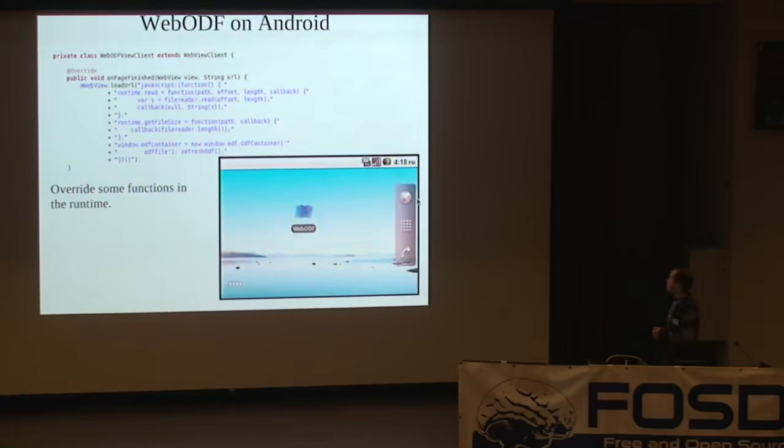So this is a small excerpt of the code of it. It's basically two classes, and here you see some of the magic happening. Here, what you do is you load this ODF HTML file in your WebKit widget, and when it's loaded, you change the current runtime, you change the read function, and you change the function for the get file size.